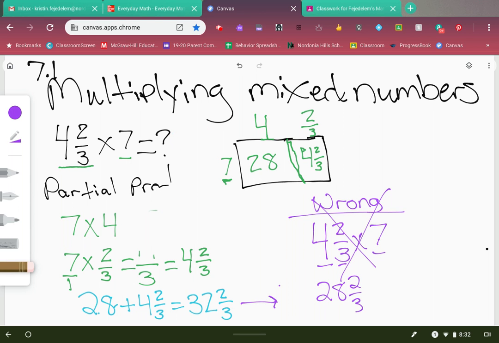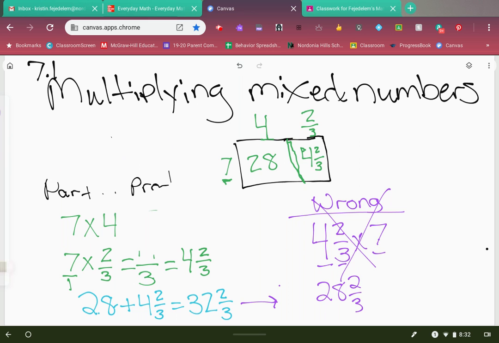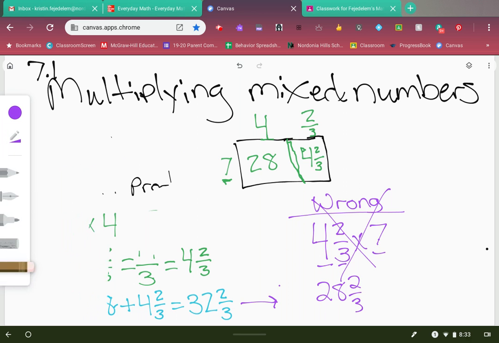Let's try another one, but this time, instead of multiplying a mixed number with a whole number, I'm going to do a mixed number times a mixed number.